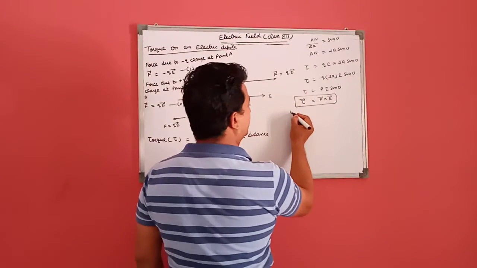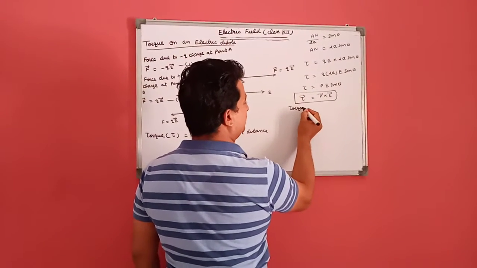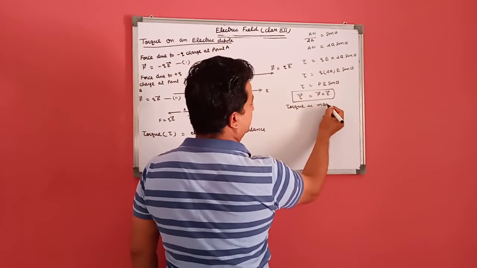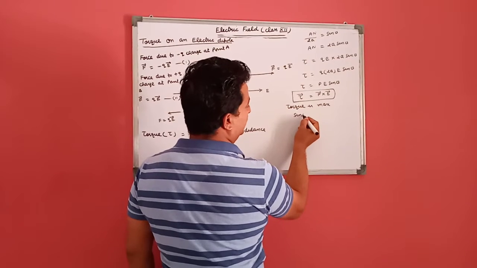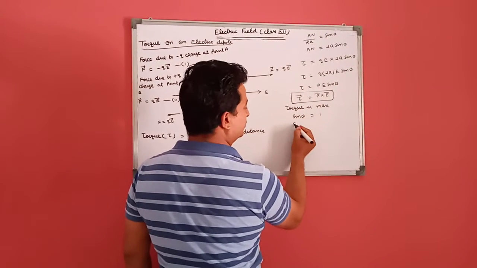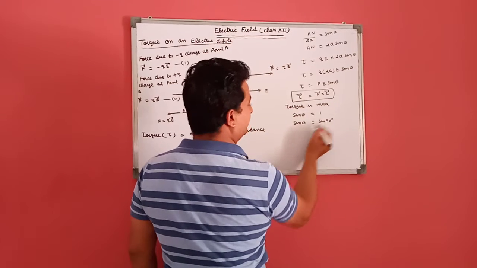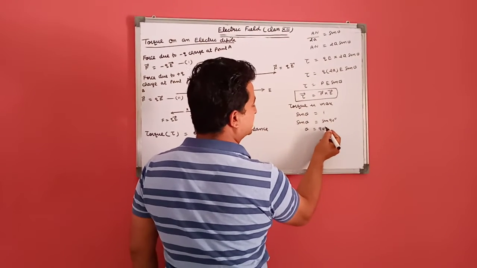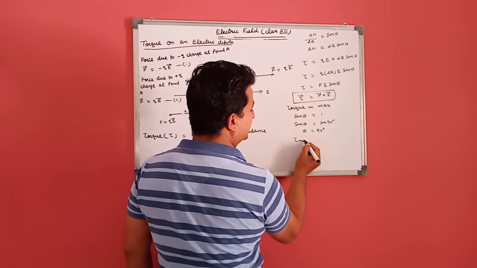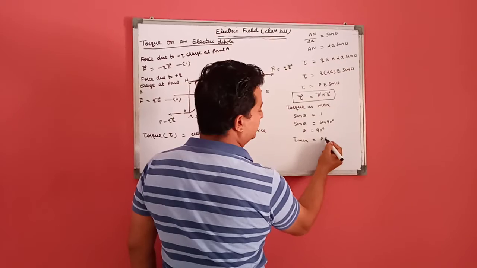Torque is maximum when the value of sine theta is maximum, which is equal to 1, that is sine 90 degrees. This means theta is 90 degrees, that is tau maximum is equal to pE.